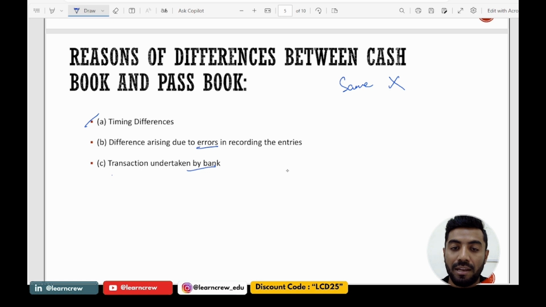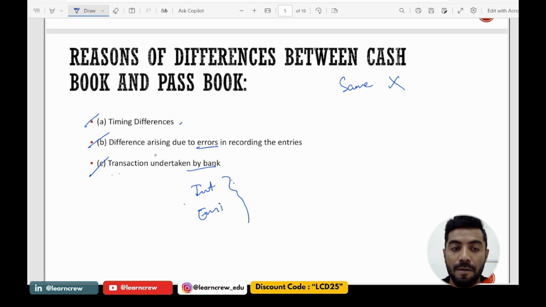Sometimes the bank will give us some interest. It will automatically make some payments, EMI payments. These transactions are directly undertaken by the bank and are not recorded in the cash book. When you're doing the bank reconciliation statement, you'll get to know all of these transactions, and at that time you'll make an entry in your cash book.